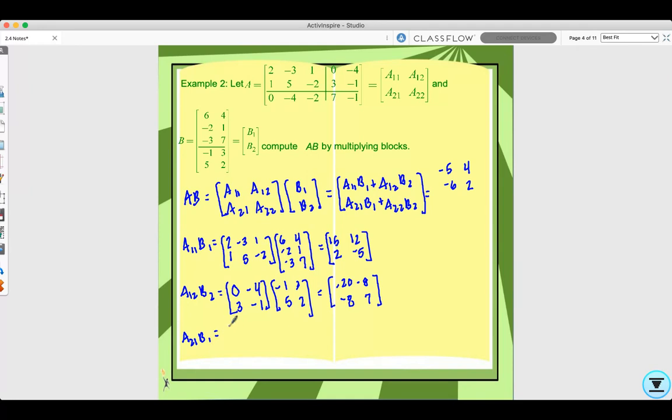So A21 is 0, negative 4, negative 2 times B1, which is 6, negative 2, negative 3, 4, 1, 7. When I multiply these together, I get 14, negative 18.